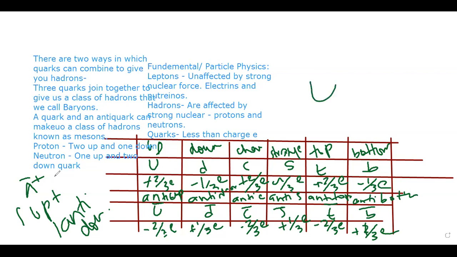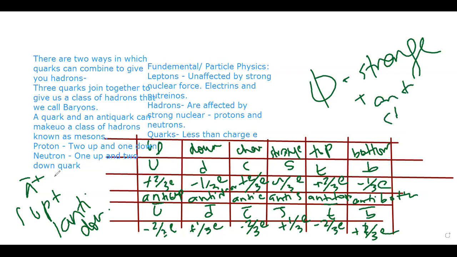Another meson we have is sigma, right? This is composed of, again, a quark and an anti-quark. A quark is going to be, for example, a strange quark, and the anti-quark is going to be anti-strange. So both of these are examples of your mesons.